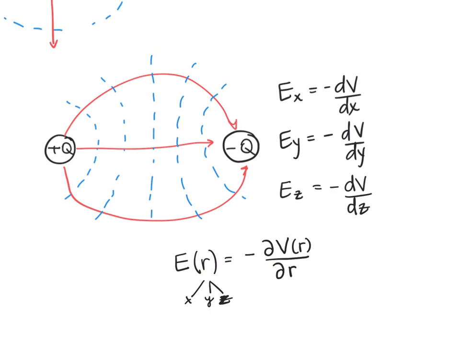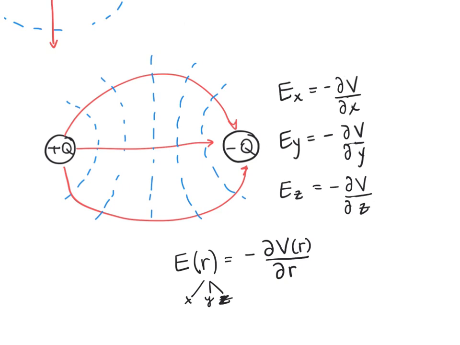So all of these functions here are actually what we call partial derivatives. So we are taking the derivative of a potential function with respect to each one of the dimensions individually.